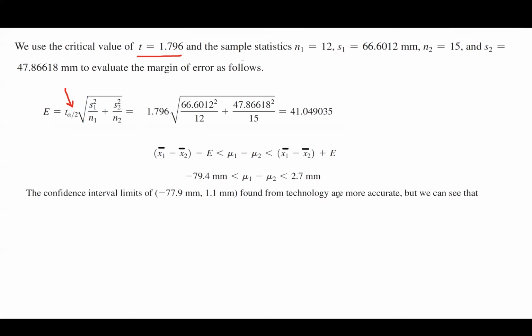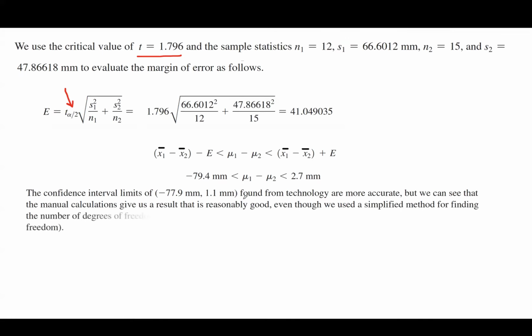found from technology are also more accurate. But since we are just using our table and doing calculations manually, this is the result that we are getting. So when you're using Python or other software and you get different values, as long as they're close enough, we should be fine. But what's the meaning of this?